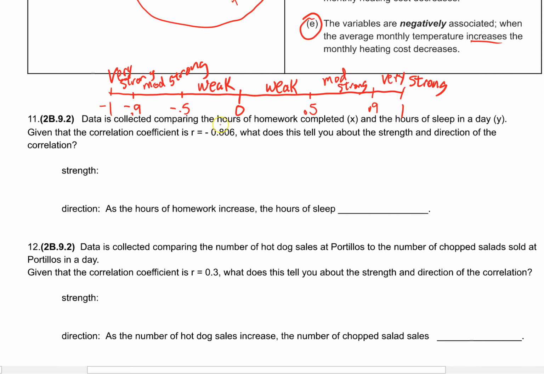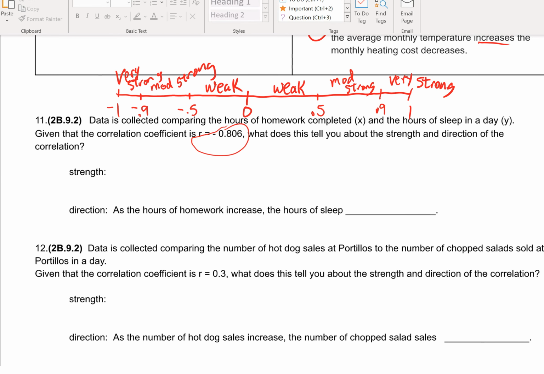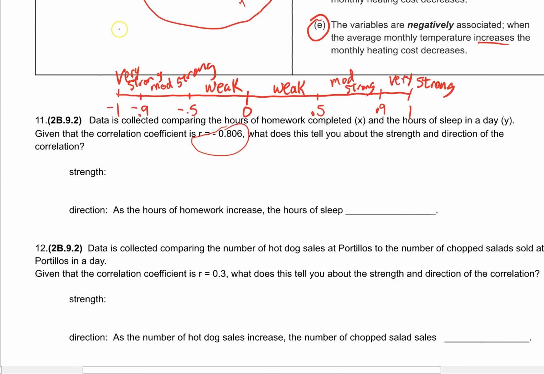So, when we're looking at our R value of negative 0.806, just looking at that number line, negative 0.86 would be about right there. You're not quite at negative 0.9, so you're moderately strong. And that's all you need to write for that.